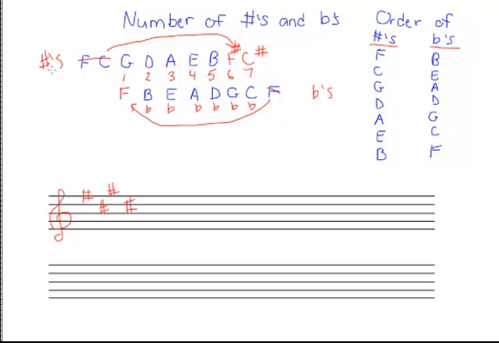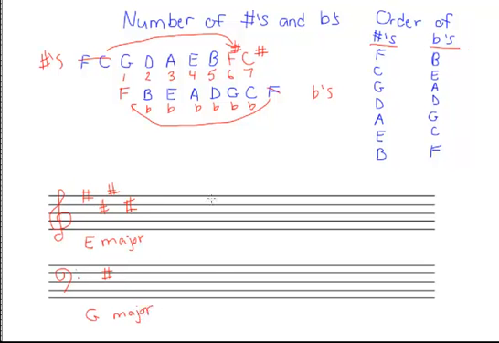So we look at our sharp keys, 1, 2, 3, 4. Well, this would be E major. If we had one with 1 sharp, we look at 1, and here's our sharp key, so this would be G major.